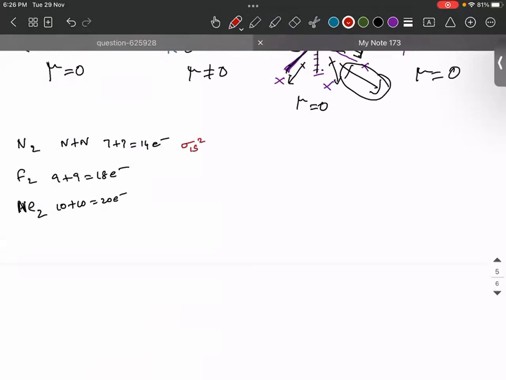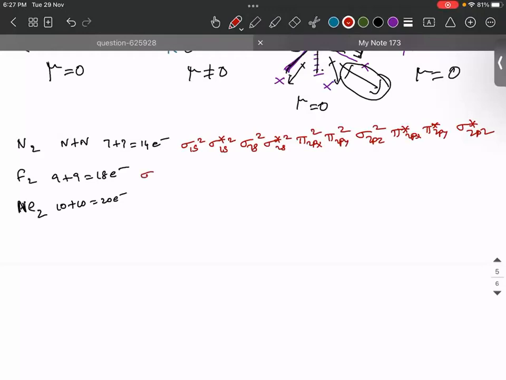Sigma 1s2, sigma star 1s2, sigma 2s2, sigma star 2s2, pi 2px, pi 2py, sigma 2pz, pi star 2px, pi star 2py, sigma star 2pz. Okay, so 2, 4, 6, 8, 10, 12, 14, that is for 14 electrons only.